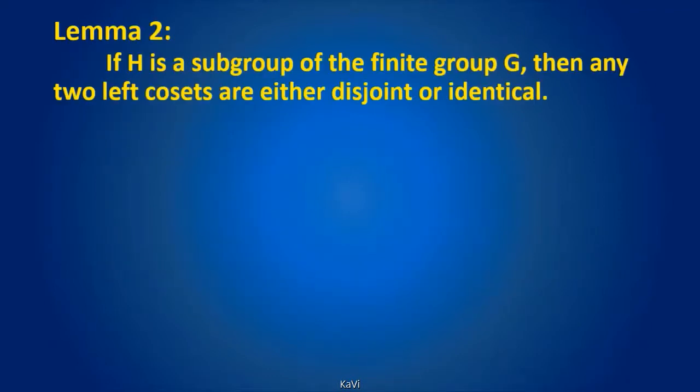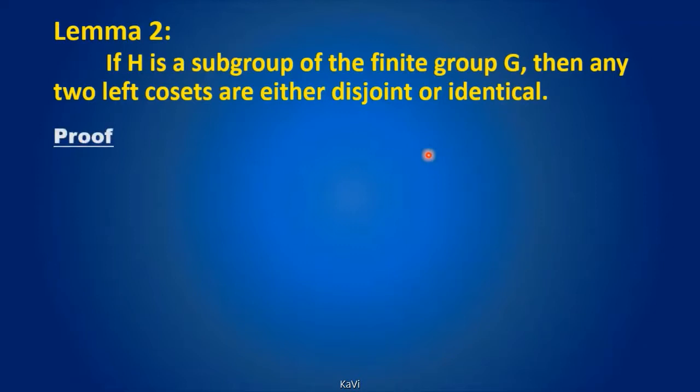Next we shall see another lemma which is required for the proof of Lagrange theorem. If H is a subgroup of the finite group G, then any two left cosets are either disjoint or identical. So we shall prove this.